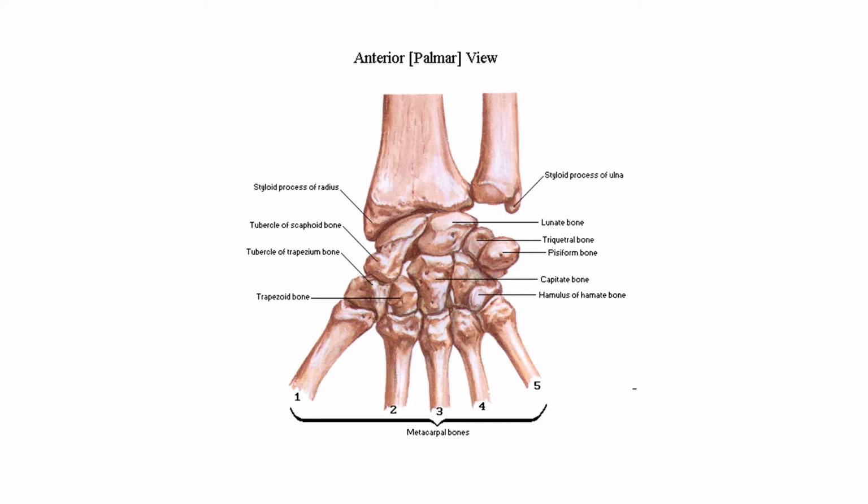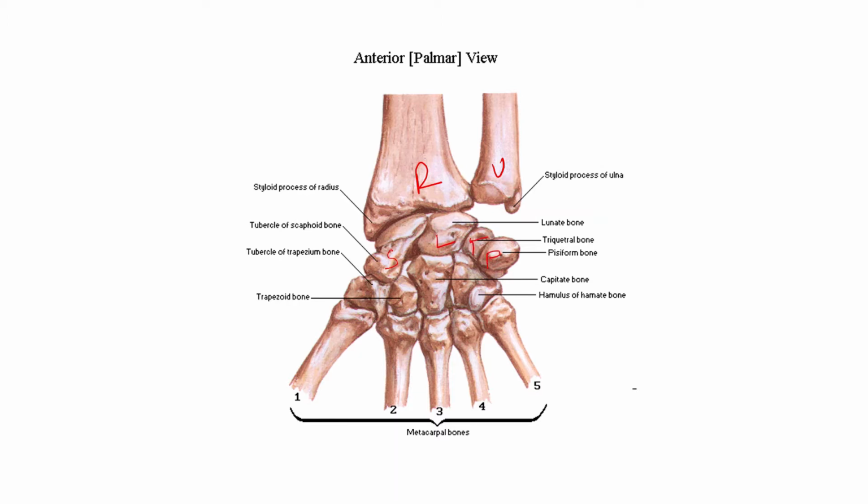This is the distal end of the radius over here and the distal end of the ulna. The small bones which we are seeing are the carpal bones. As we all know, out of 8 carpal bones, the proximal 4, named from lateral to medial, are the scaphoid, the lunate, the triquetral and the pisiform bone.